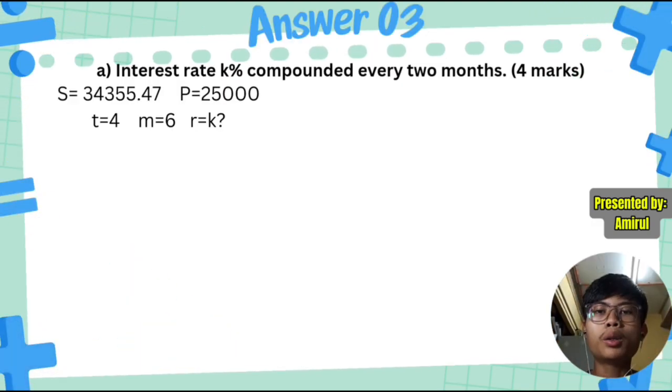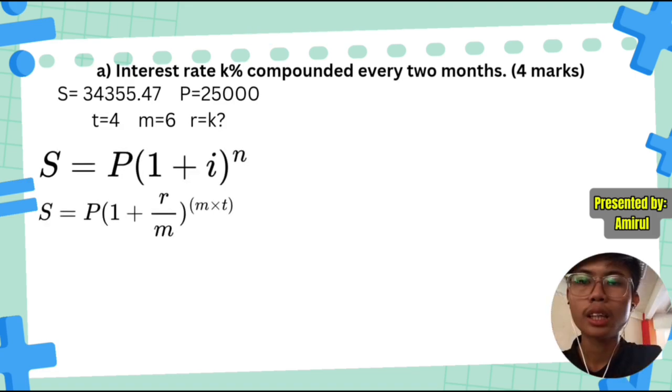So we put the amount of S, which is 34,355.47, P is 25,000, T is 4 years, M is 6, and we must find R. So the formula is S equal to P(1 + i) to the power of n.